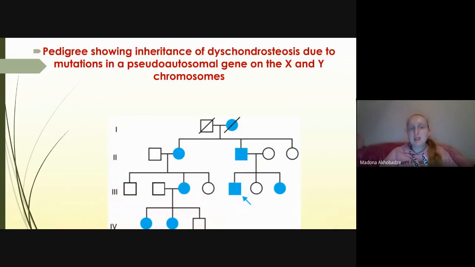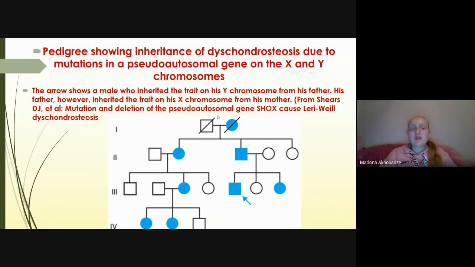This is the pedigree that shows inheritance of dyschondrosteosis due to mutation of genes in the pseudo-autosomal region of the X and Y chromosomes. The arrow shows the male who inherited the disease on the Y chromosome from his father, not from the mother.